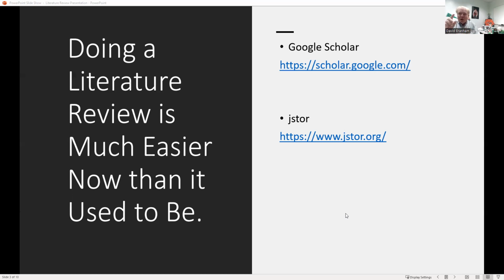And most of the time you can click on the article and get the article. Sometimes it'll give you a summary, and then it'll give you an actual PDF if you want that of the article. So you don't have to make any copies. You can put the PDFs on your computer, go home and read them, and then type it up. So it's just a lot easier to do now.